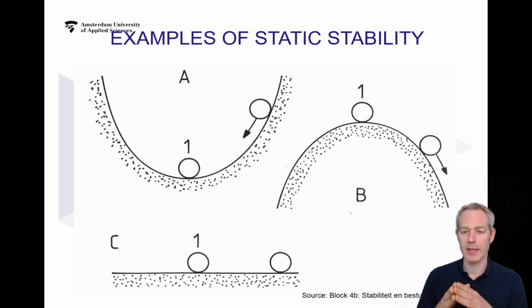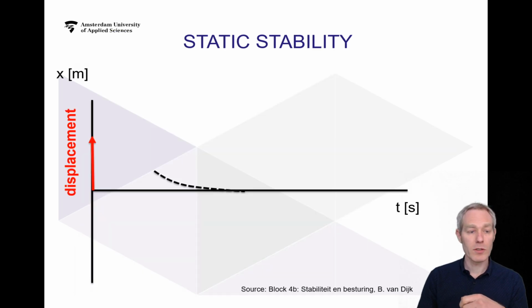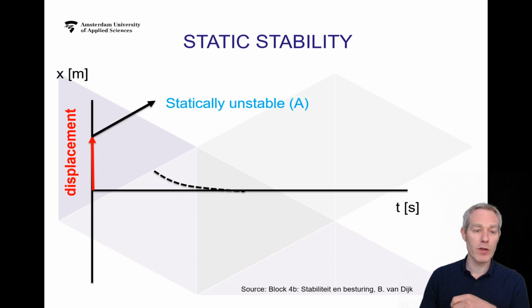And we can imagine that if we're in situation B, where a system is simply unstable, no matter how long it takes, it will not return back to its equilibrium position. And these are systems we want to try to avoid, especially in aviation. Now, static stability: we have three options.